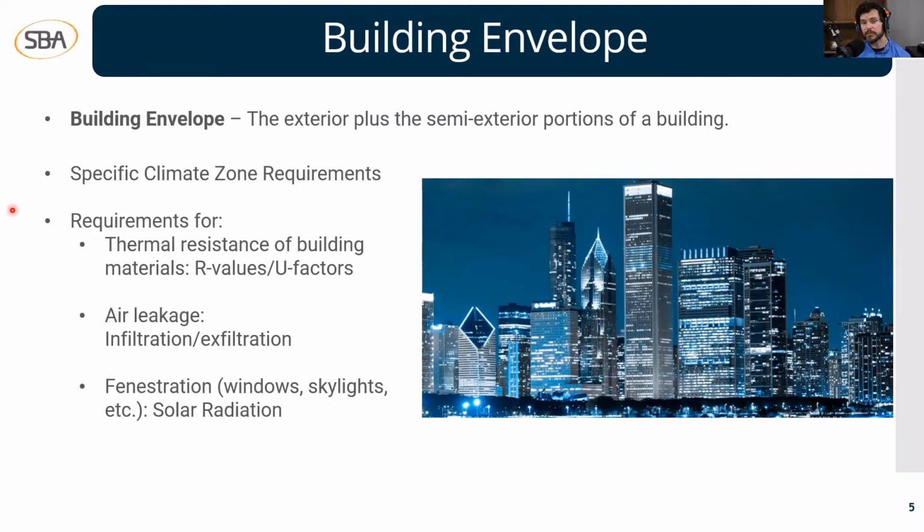So what's acceptable in Florida is very different than what's needed in Ohio, North Dakota, or even Alaska. So here's a tip. Pay attention to fenestration. Your windows and skylights are often the leakiest parts of a building envelope.